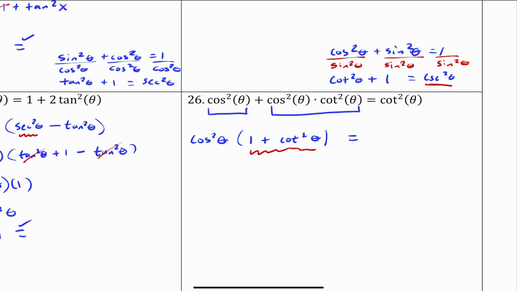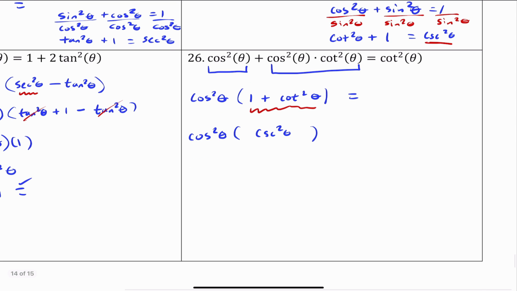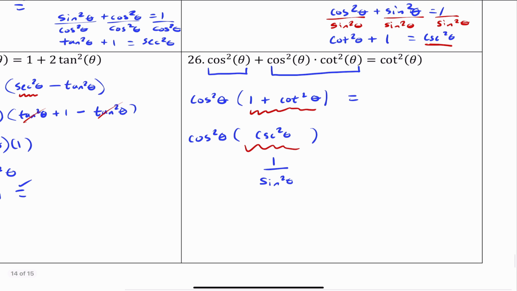So in this case, it's cosine squared of theta times cosecant squared of theta. And we all know that cosecant squared of theta is 1 over sine squared of theta.